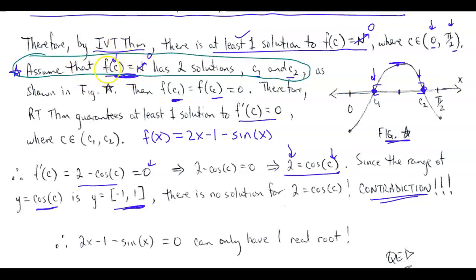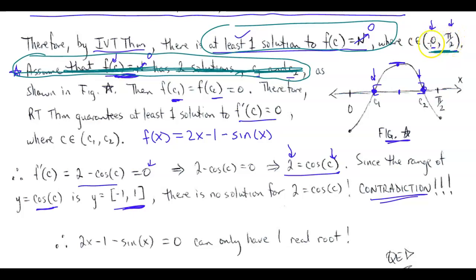of my function having 2 solutions here, that is not valid. So since that's not valid, the only thing that's left is that I have at least one solution to this equation, and the value is going to be in between these two x values here. So I know I can't have 2 solutions, but I know I have at least one solution.